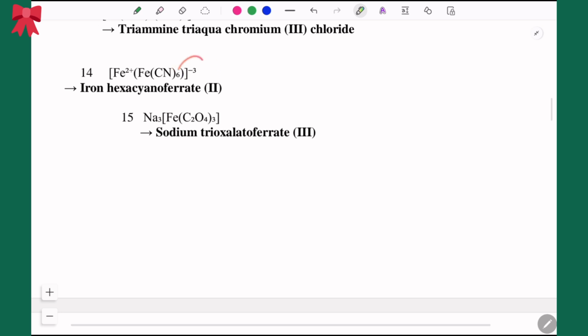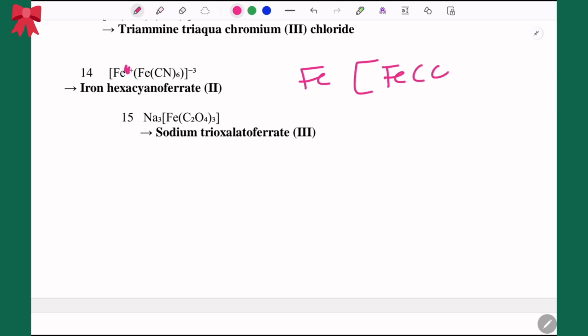The next one, again it's a negatively charged ion, so iron will be named as ferrate. So this 2+ should not have been here. I think there is some error in this formula, so let's rectify that. So we'll write it as Fe, and then the square bracket, Fe(CN)6, and that's the formula.